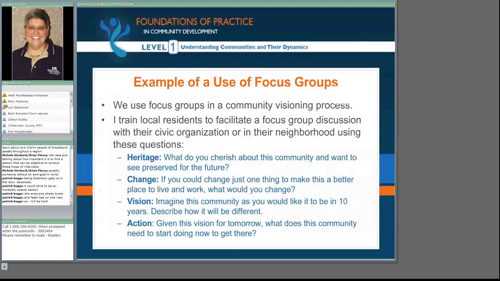For about 20 years, I've been using a community visioning process that uses focus groups. I do train local residents to facilitate a focus group discussion, but they are going back and doing it in their own civic organization or their church or with their school group or in their own neighborhood.